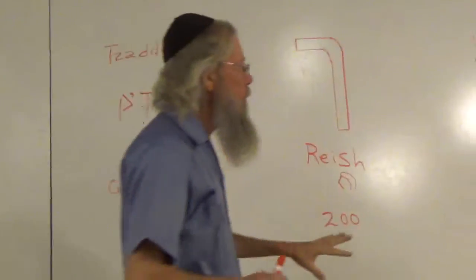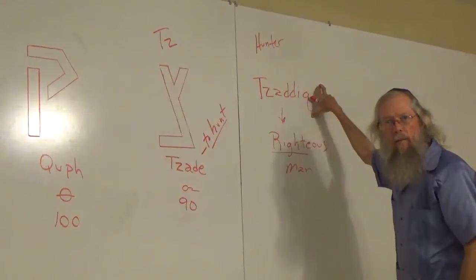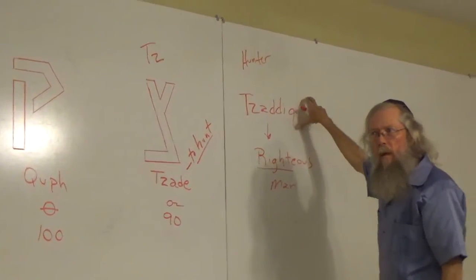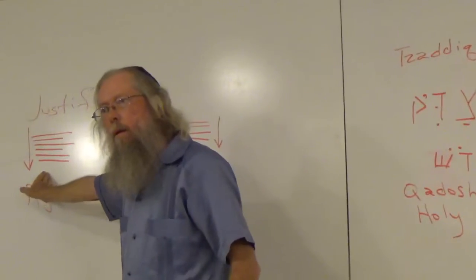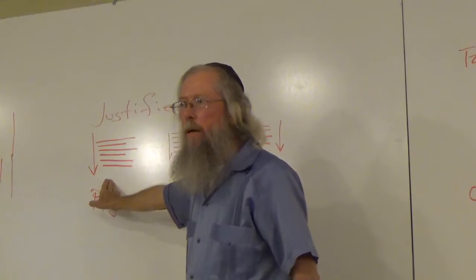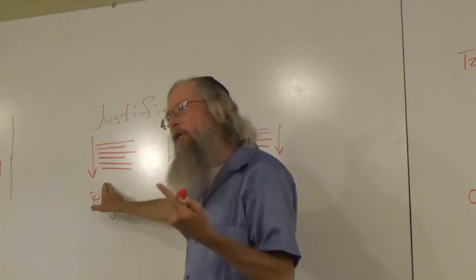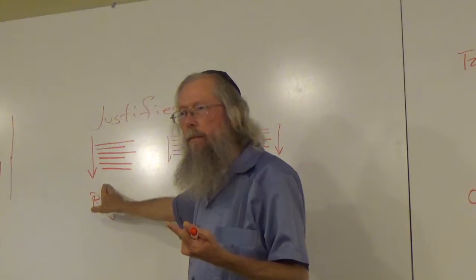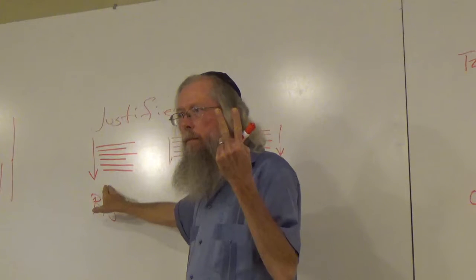Because you've taken a man, and the way you make him righteous is you make him holy. How do you make a man holy? He lines up with the instruction of God. But not just lining up with the instruction of God, with the proper attitude, with the right heart. Because God looks at both.